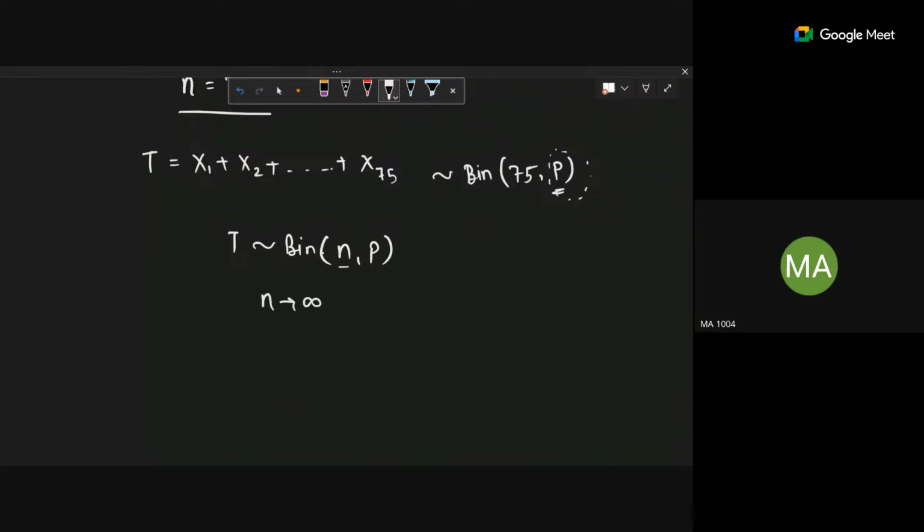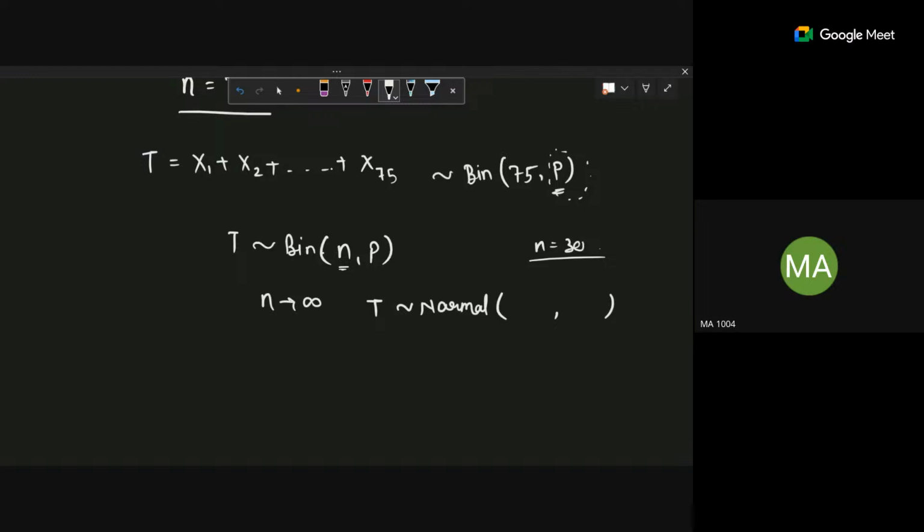If this n increases beyond a certain limit, in statistics we take that limit as 30. If n is more than 30, we can consider our T as Normal. But with normal there come 2 parameters, mean and variance, right? So if it is following normal, what will be its mean and its variance?